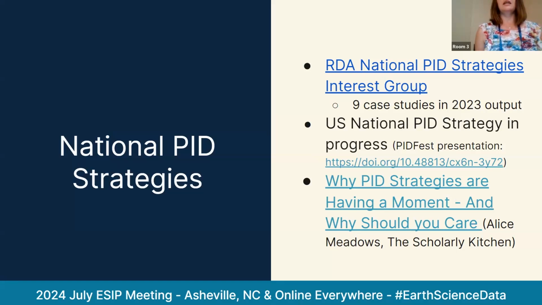There was a RDA National PID Strategies Interest Group, it's still running, but they put out a report back in 2023 that looked at 9 case studies from around the world. And now the US is working on a national PID strategy. There was a really great presentation at PIDFest, so I'll give you the link to that about how that's progressing. And then there's also a nice blog post in the Scholarly Kitchen about why are these so important. So these are some references to have a look, and you'll have access to these slides with all the links later.